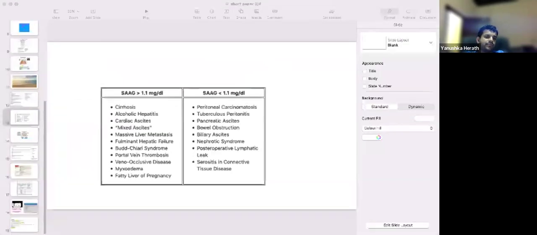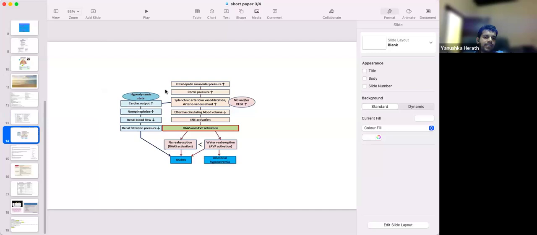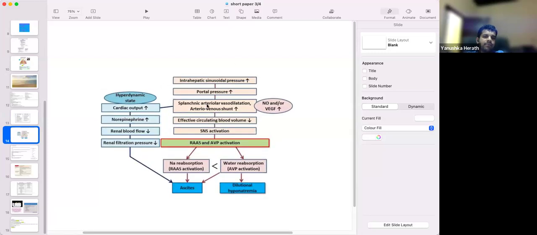If you look at the pathogenesis of SITs in CLCD, there is fibrosis of the liver, and as a result, the intrahepatic sinusoidal pressure goes up. As a result, the portal pressure goes up. Due to this portal pressure going up, there will be backward pressure, and as a result, the splanchnic system will be vasodilated. Further, nitric oxide, VEGF and all this are responsible for this vasodilatation.